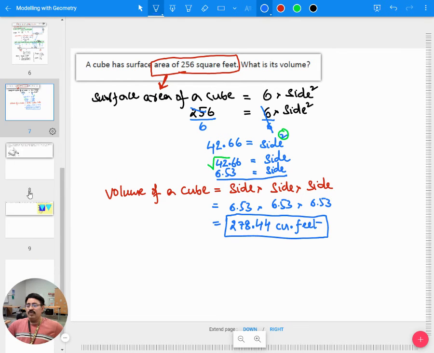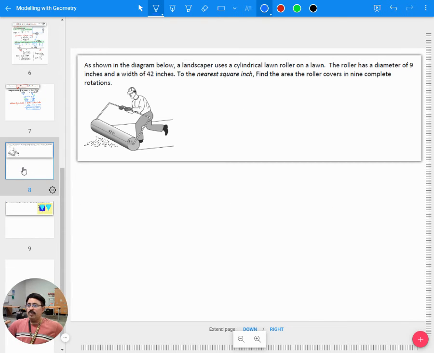Okay, let me quickly jump to the next question. Two more questions are there in today's session. As shown in the diagram below, a landscaper uses a cylindrical lawn roller on a lawn. The roller has a diameter of 9.